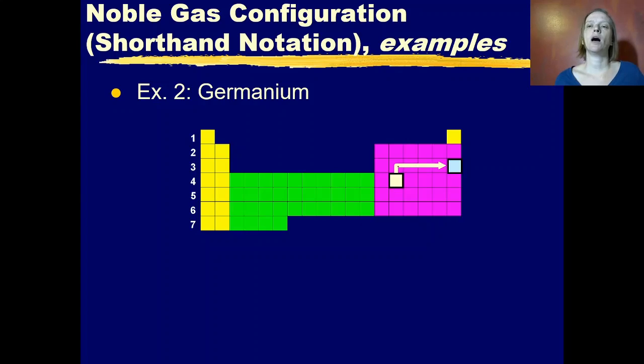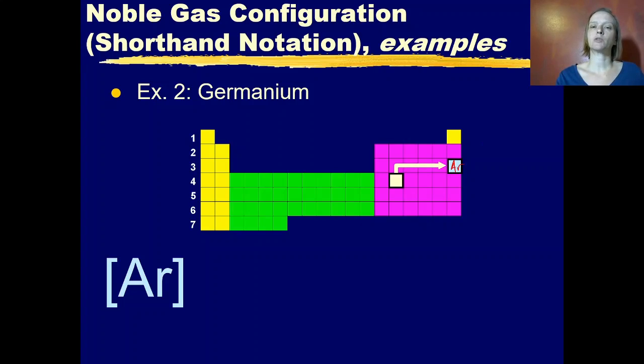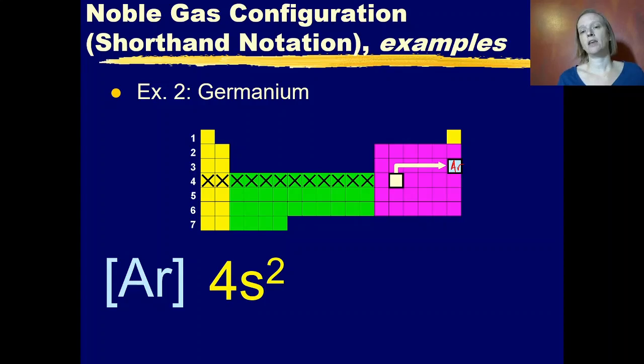If we go up 1 period and over to the right, our noble gas is argon. So we write the symbol for argon in square brackets, and then we start filling in the electron configuration after that. The next is the 4s2, then the 3d10. Remember to subtract 1 from the period to get that energy level, the 3d.